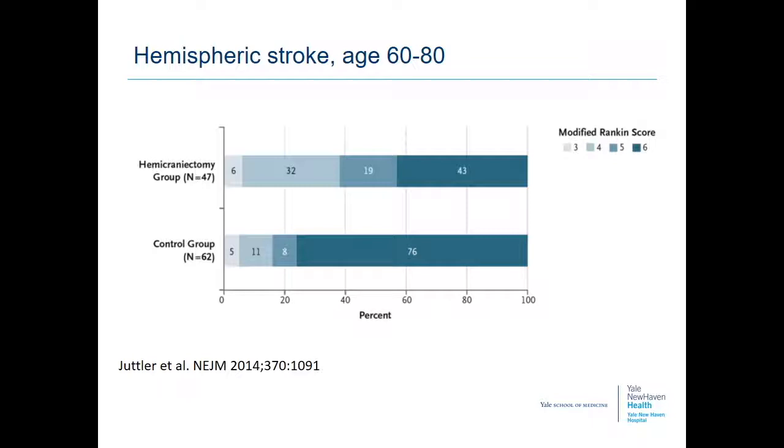While in the craniectomy group there's certainly a small proportion of patients who died in long-term follow-up, there were no patients in either group of this particular trial who had a modified Rankin scale of 0 to 2 or who achieved functional independence. This is the sort of data one needs to consider when discussing craniectomy for older patients with their families, and with regards to what quality of life patients might find acceptable.